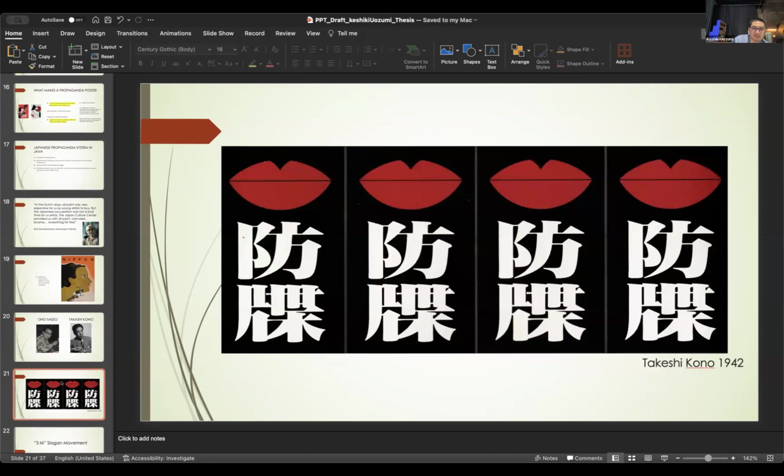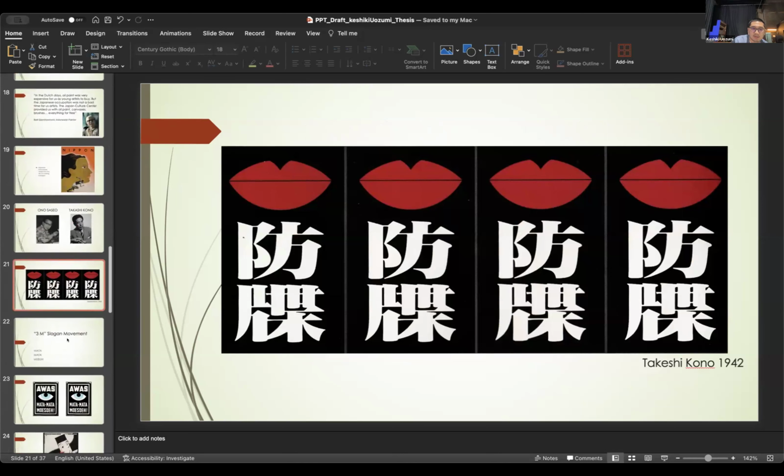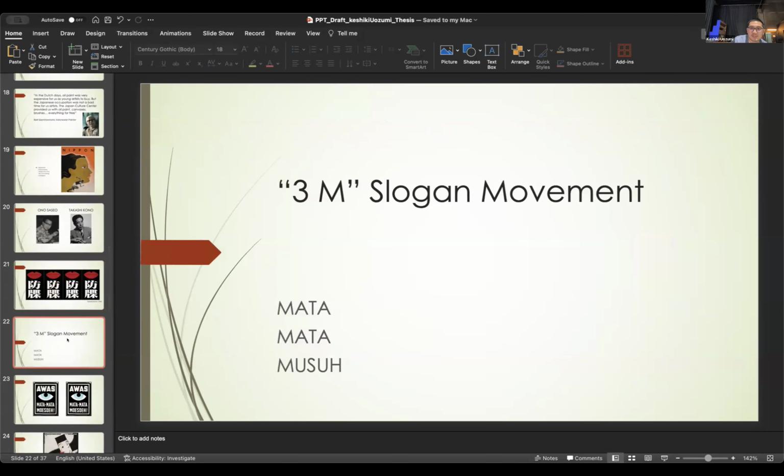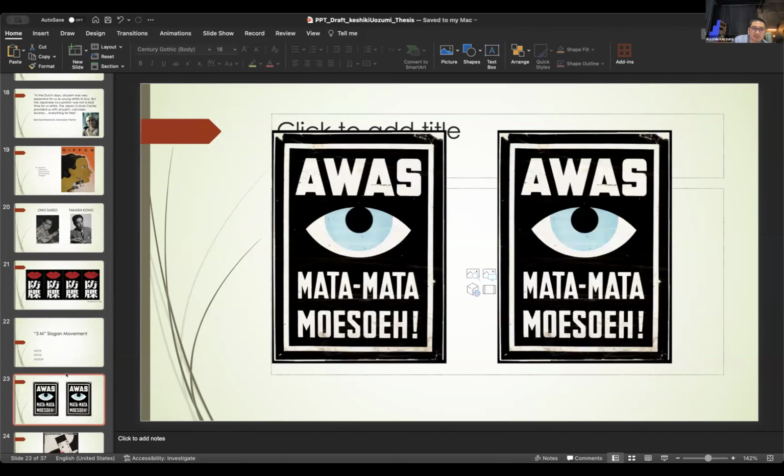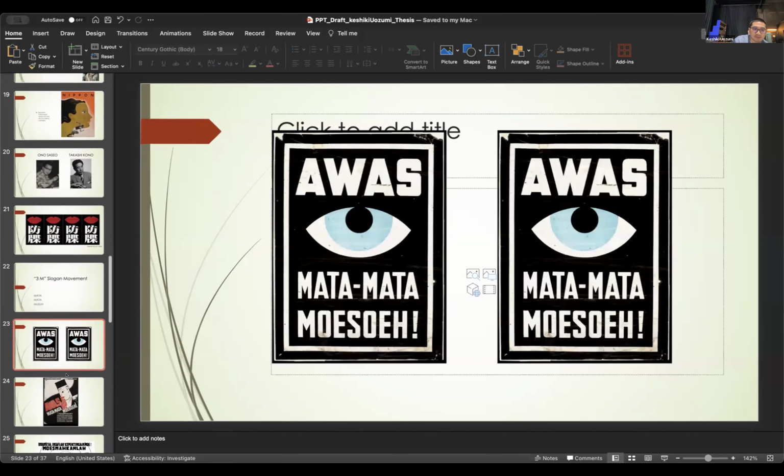This is a poster that Takeshi Kono made during 1942. It translates into defense. One of the other movements they made was the 3M slogan movement, which translates to Mata Mata Musuh. This was also a work of Takeshi Kono.